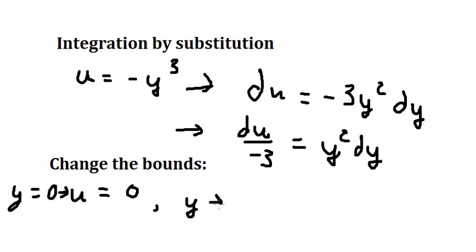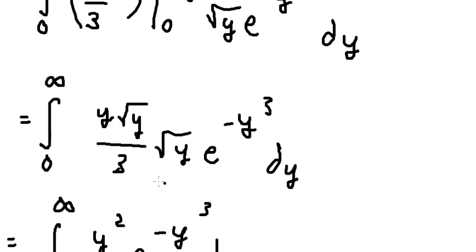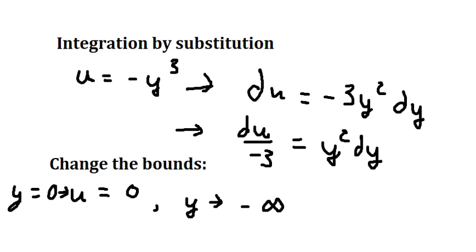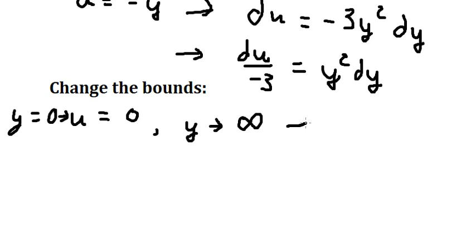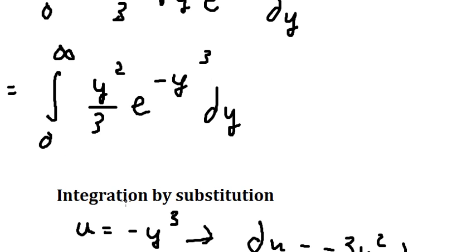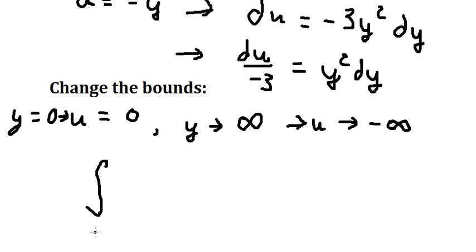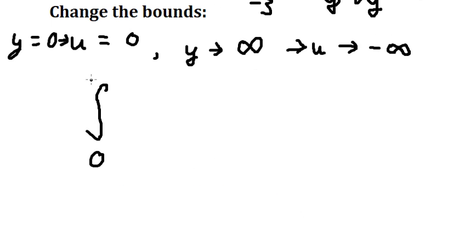When y goes to positive infinity, u goes to negative infinity, because negative times positive infinity gives negative infinity. So 0 we keep the same, and the other bound is negative infinity.